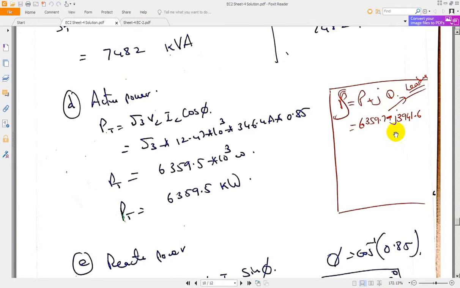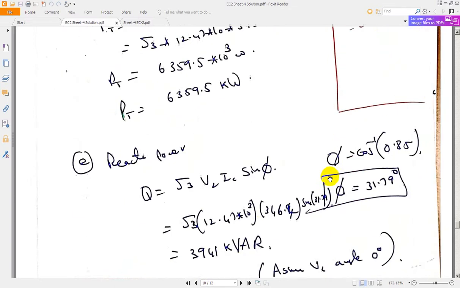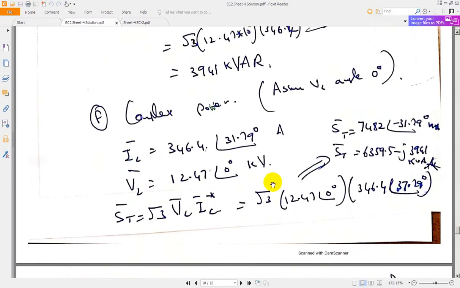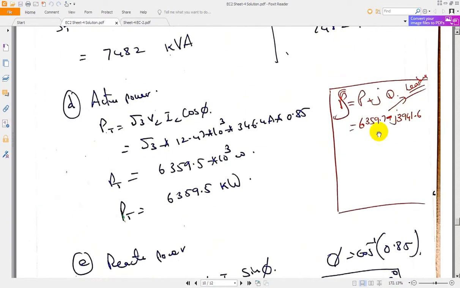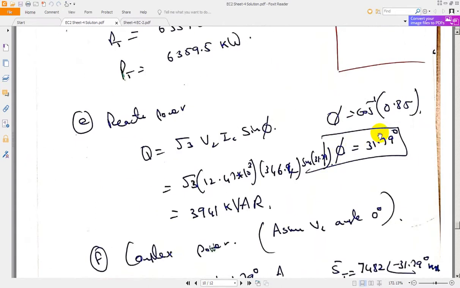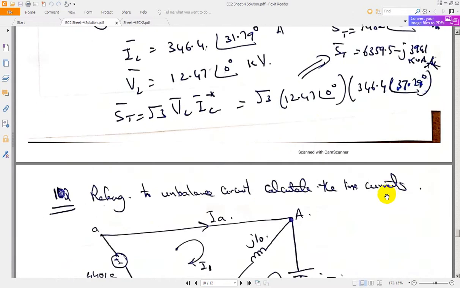As it is a reactive power for an inductive circuit with a lagging current, this value will be negative. If it is capacitive reactance, this value will be positive. Just to avoid the confusion of plus and minus, it is better to use this formula.